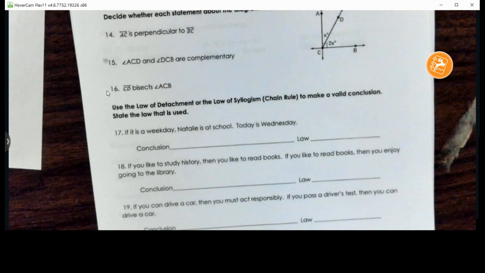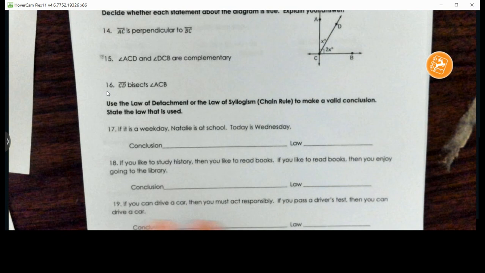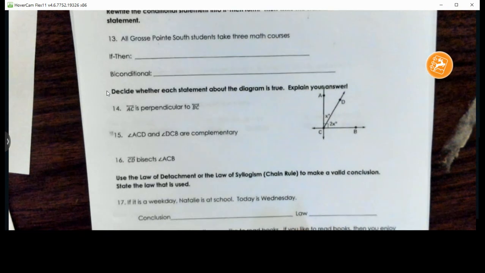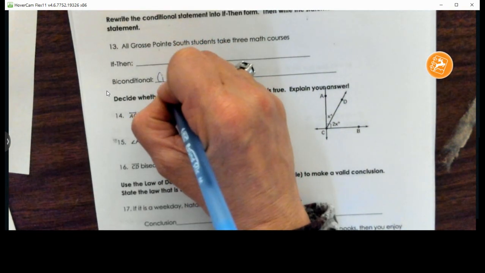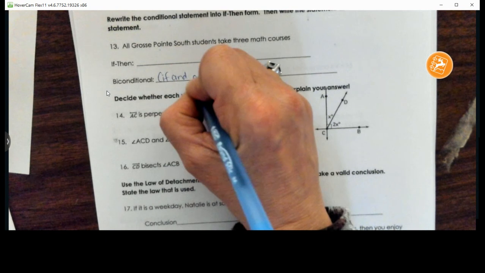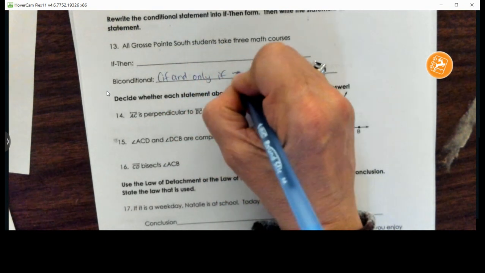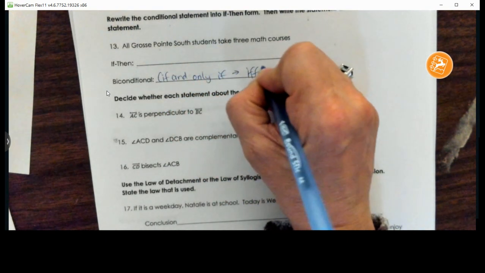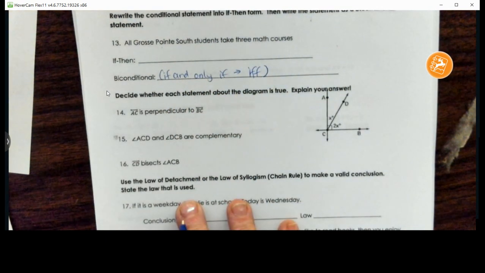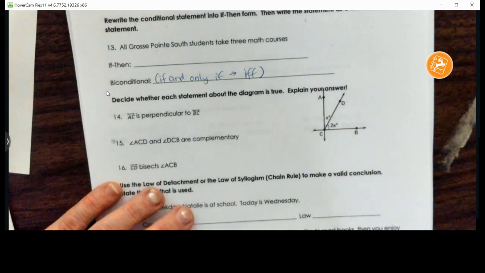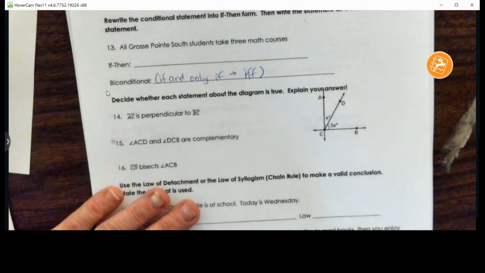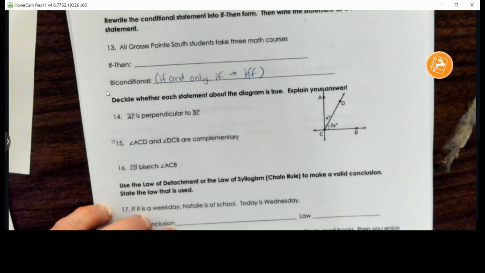We're now going to write a biconditional statement. A biconditional statement is a statement that has if and only if, and we call that IFF. And we want to write an if-then statement. All Grosse Pointe South students take 3 math classes.